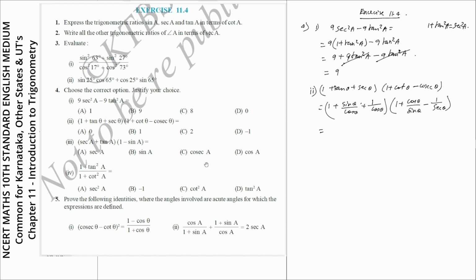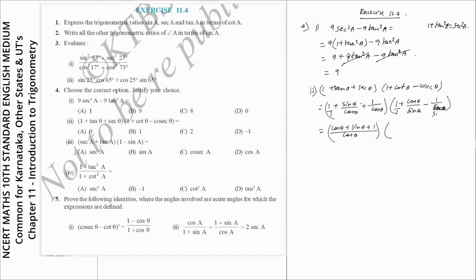So now I'll take LCM. Cos theta. So here 1 means 1 by 1. LCM of 1 and cos theta is cos theta. So cos theta plus sin theta plus 1 I'll get here into, so here also 1 means 1 by 1. Okay, I have made one mistake here.